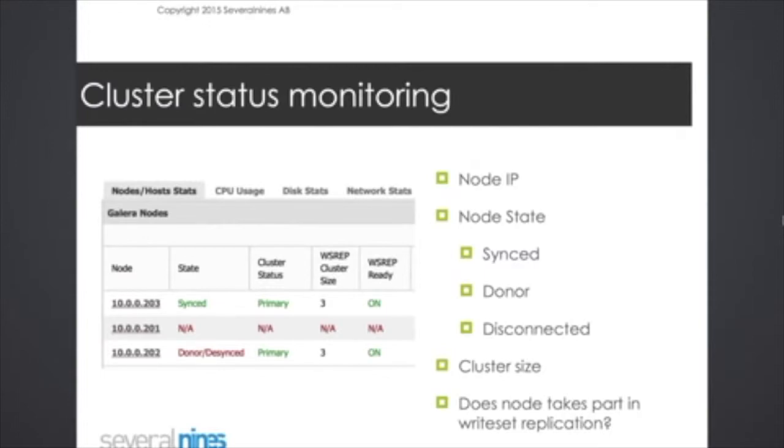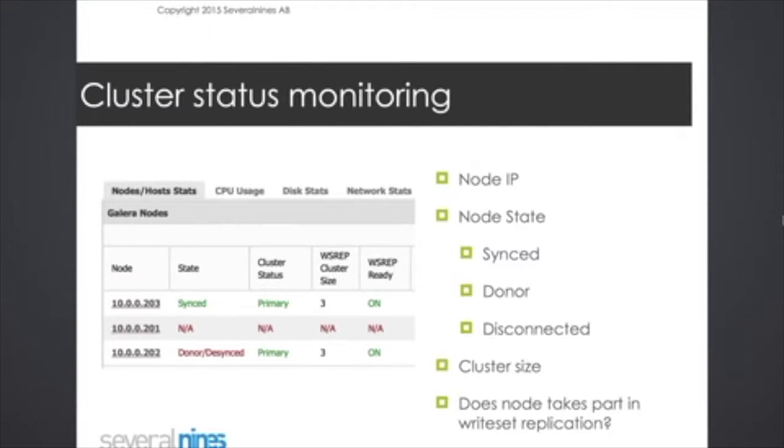2 of them are up and the cluster is in the primary status, which is good. What we can see is that one of them is in a donor/desynced state, one is synced. We have a cluster size of 3, so it seems like the third node, which is down, is actually taking part in the cluster because of the cluster size.